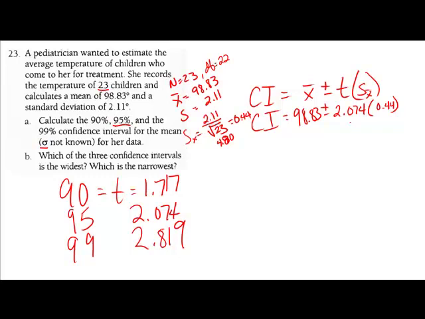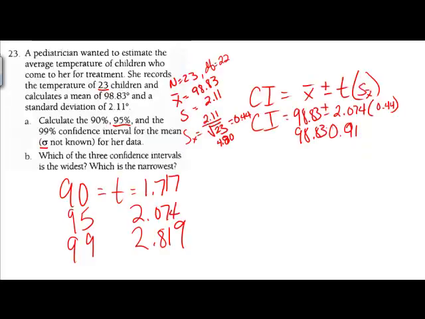There we go. 0.91912, so we'll do 0.91. 98.83 minus 0.91 is 97.92, to 99.74.